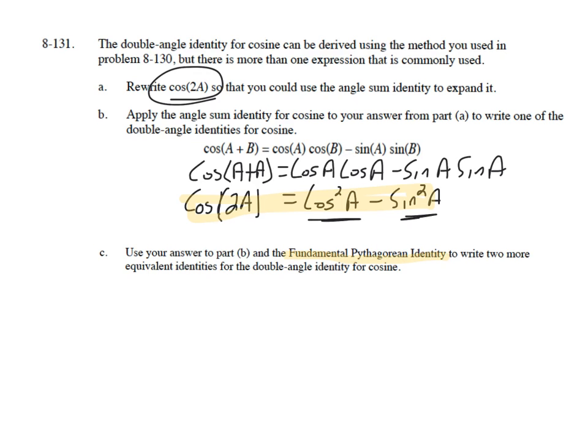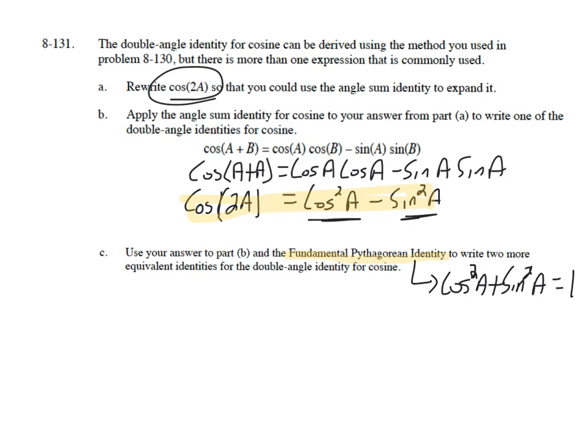If you recall, this identity is cosine squared a plus sine squared A equals 1.